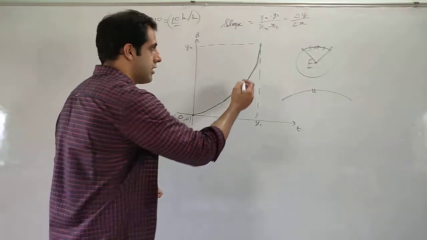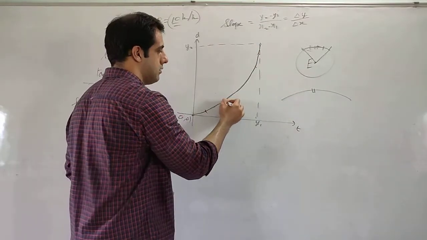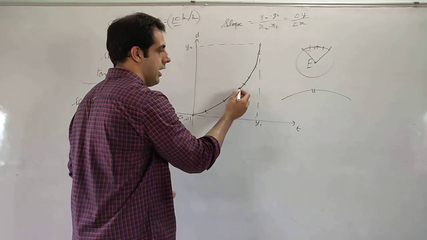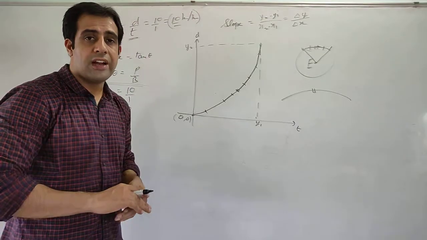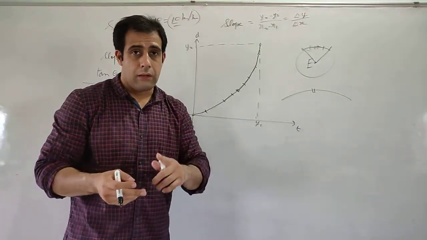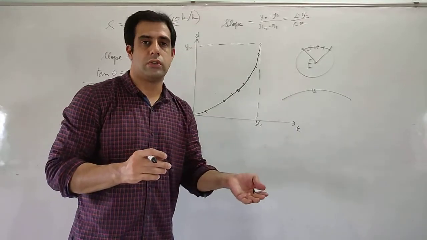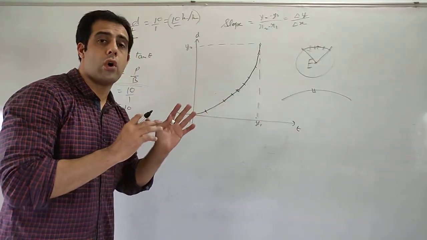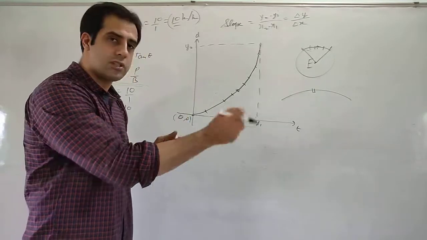I will get a straight line. I am bringing them closer together, and eventually the 2 points are so close that they are almost the same point. Notice this, they are not the same point, they are almost the same point. Okay, their values are not equal, they are almost equal.